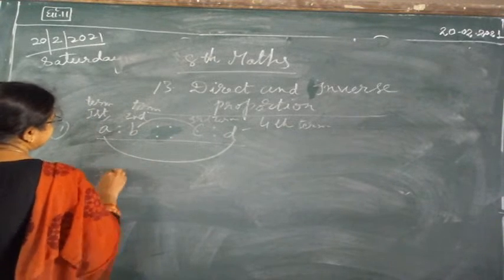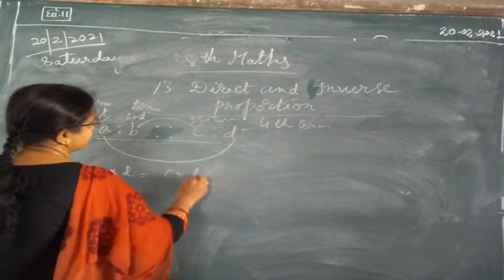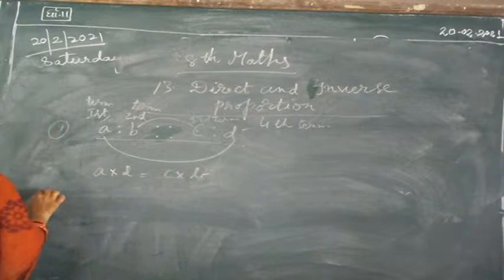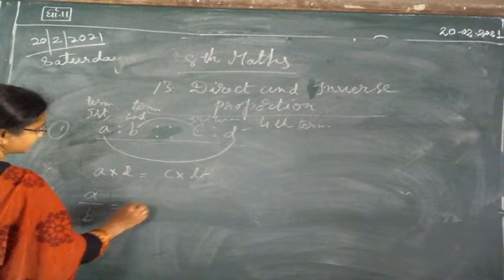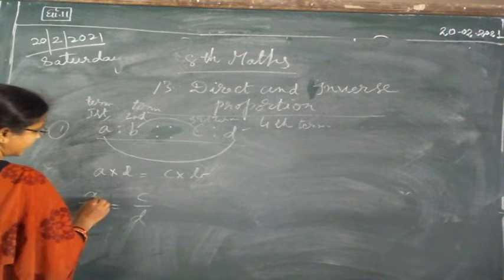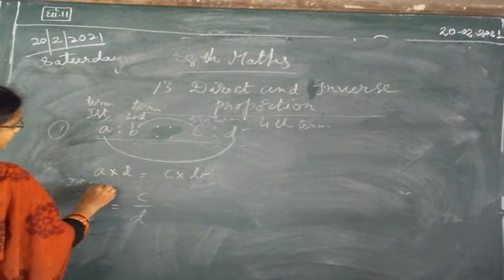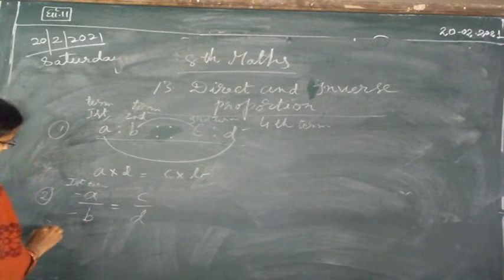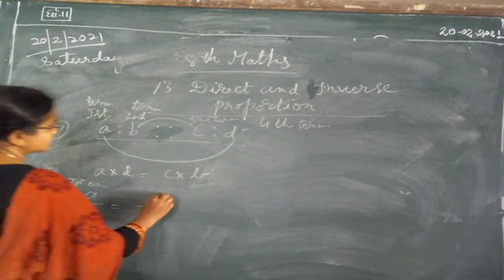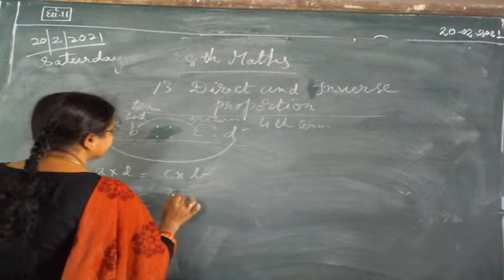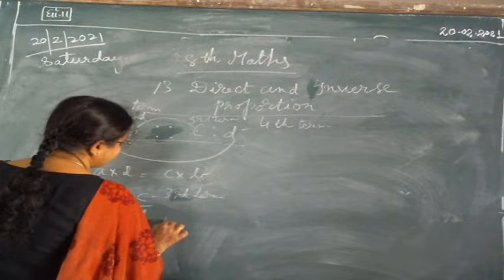It is A into D is equal to C into B. Or in another way, I am writing A by B is equal to C by D. So A is the first term, B is the second term, C is the third term, D is the fourth term.